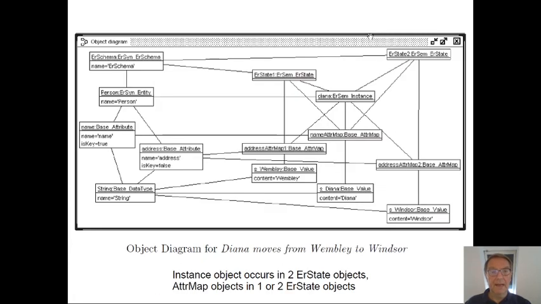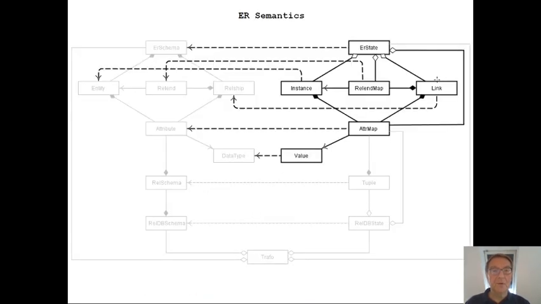So the instance occurs in two ER states. Diana occurred in two ER states. Diana is shared by two database states, and therefore I have this weak part-whole relationship between ER state and instance.